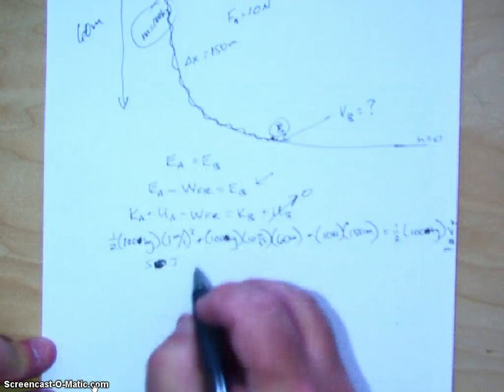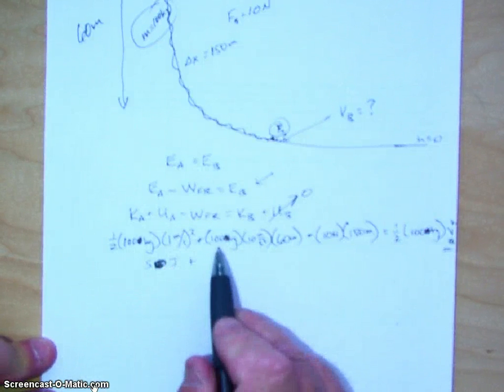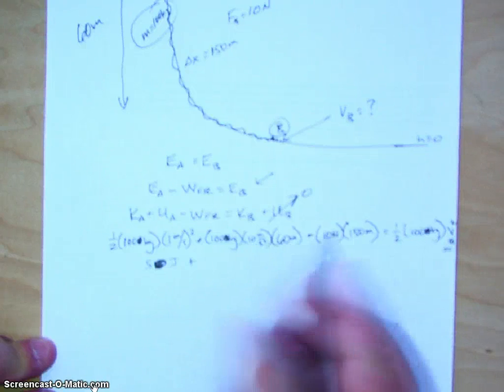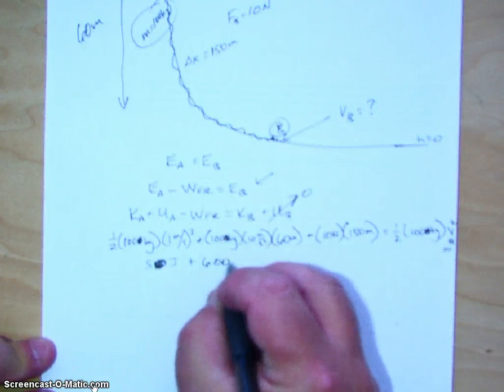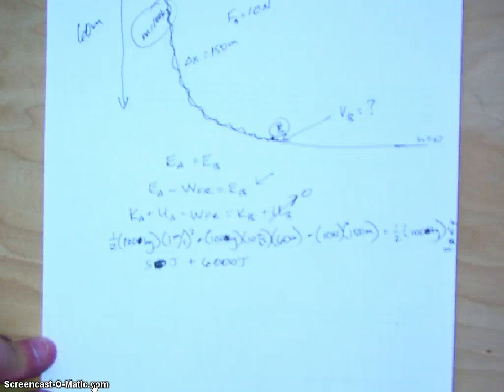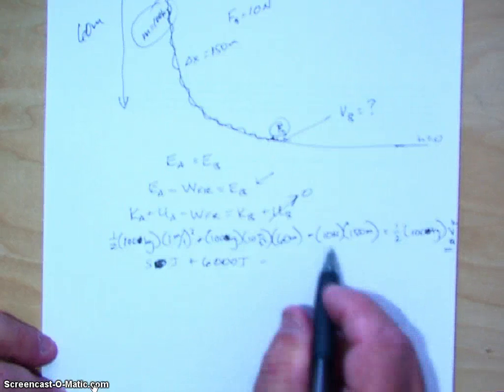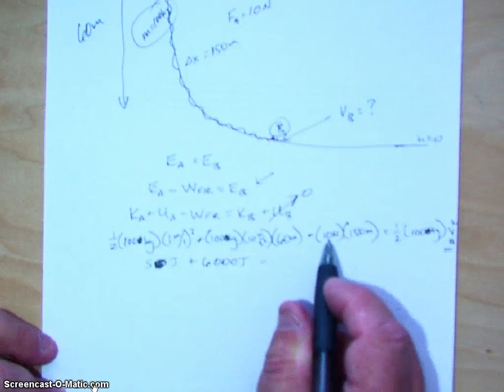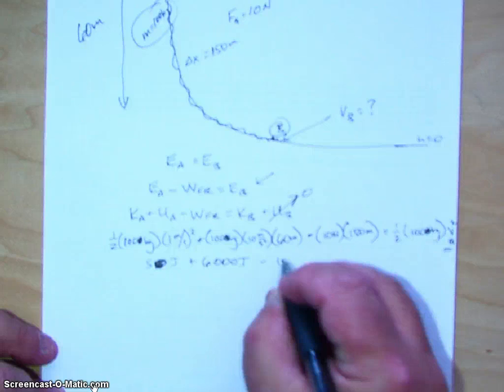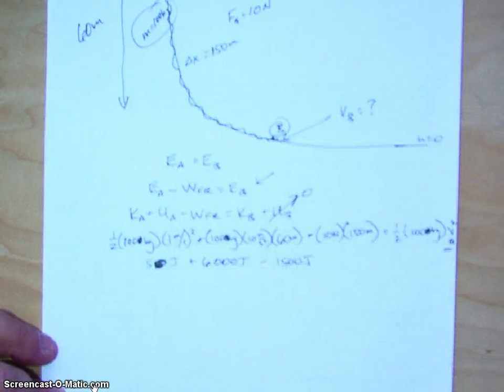So 50 joules plus 100 times 10 is 1,000 times 60, which is 6,000. So I have 6,050 joules of energy. But I lost some of it because friction did work on me, which is going to be 10 times 150, which is 1,500 joules of energy.